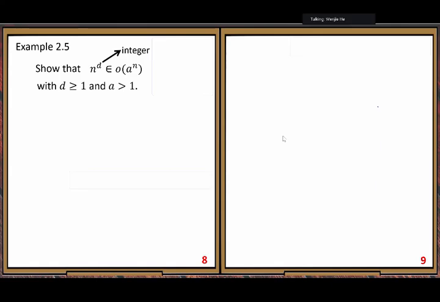But here, when we work, all right. Now, problem-solving strategy. Because if d is not an integer, we feel it is not easy to work on.